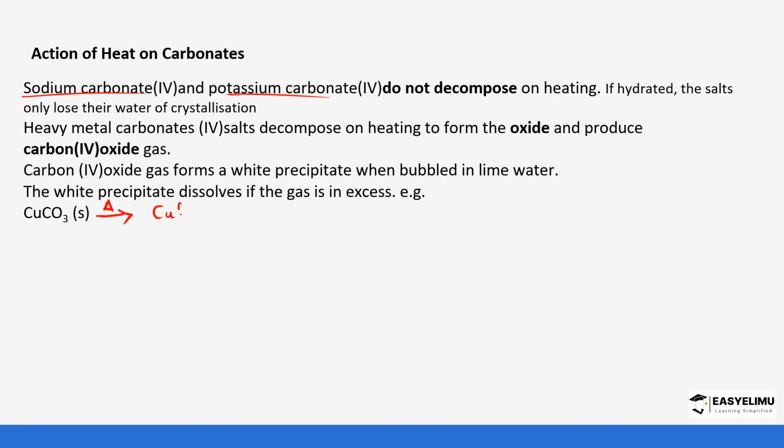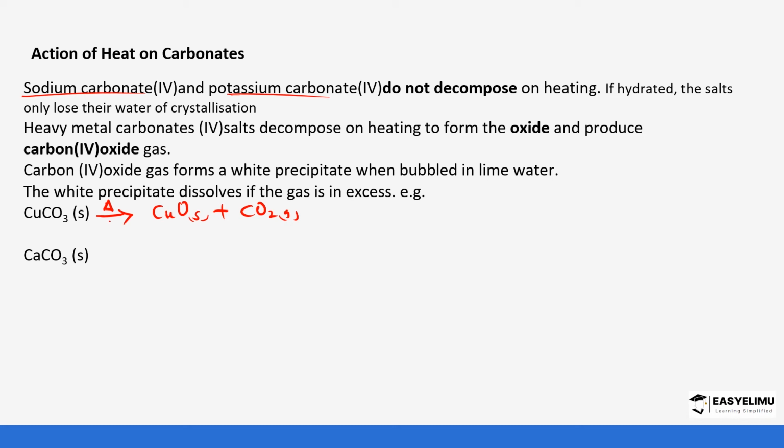You form copper oxide, which is solid. Remember, copper oxide is black in color. And we also form carbon 4 oxide, which is gaseous. If you look at this equation, it is completely balanced: we have one copper, three oxygens, and one carbon. This is how we decompose copper carbonate.